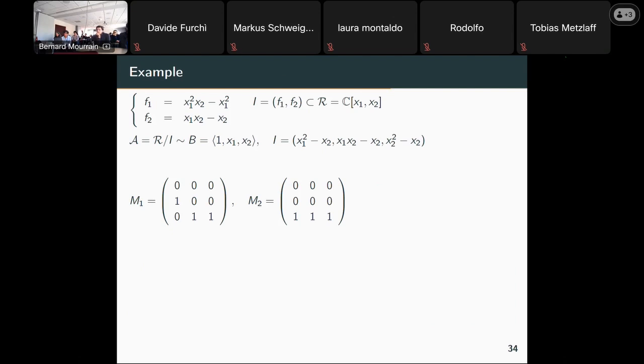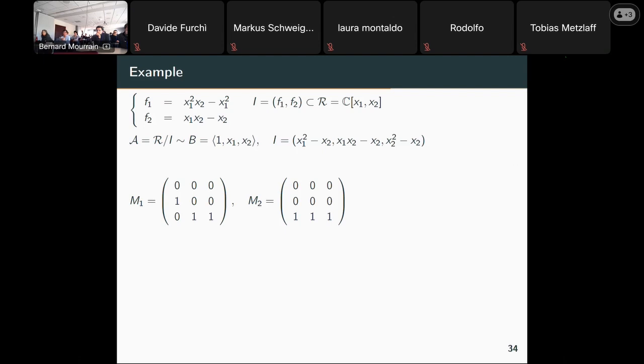In fact, the ideal is obtained by doing some rewriting of the generators.